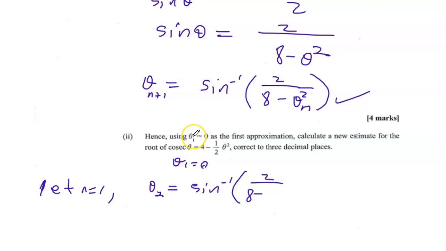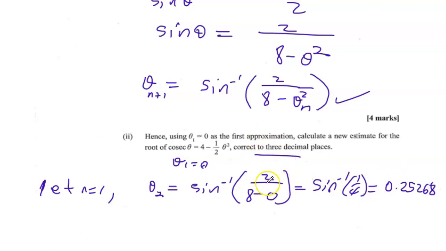Now theta 1 is 0, so theta 1 squared would be 0 squared. So that's 8 minus 0. So it's sine inverse 2 over 8, so that's sine inverse a quarter, and that's 0.25268. So we try to work with more decimal places earlier on.